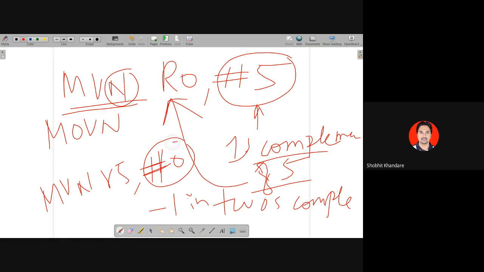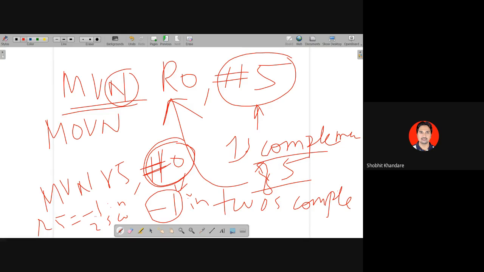See, if I am taking the negation of 0, it means 0 to 1, that is 1's complement. But actually the negation of 0 is -1, and you know that if I am taking a negative number, I have to take the 2's complement. Okay, so here your R5 will be -1 in 2's complement.